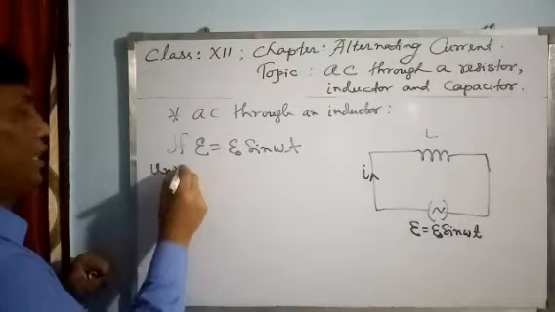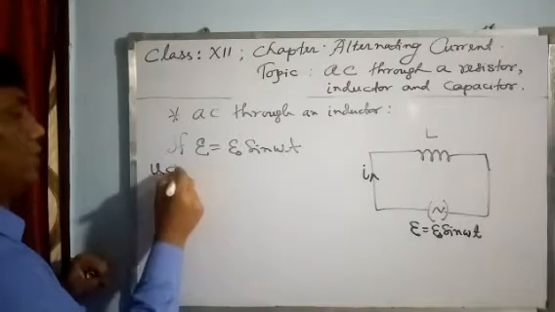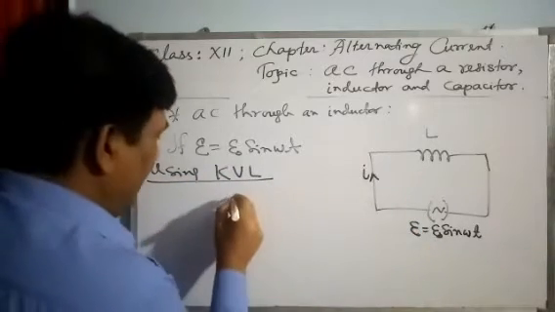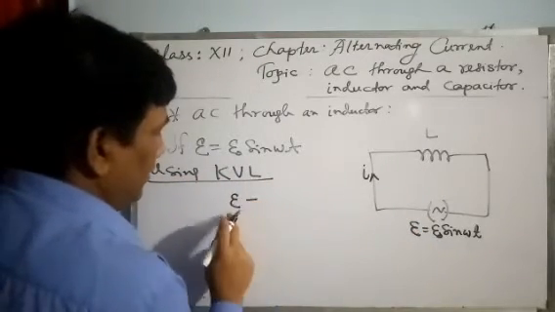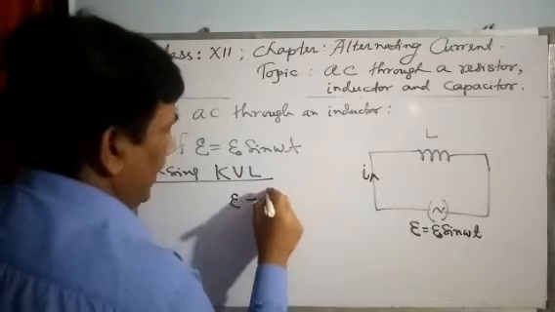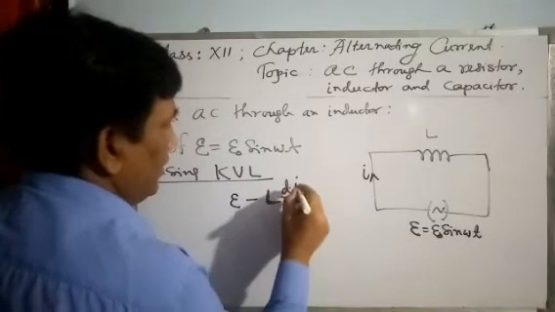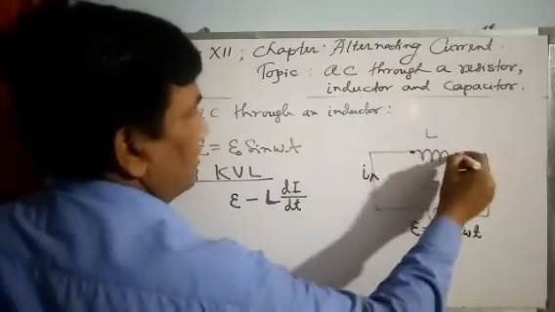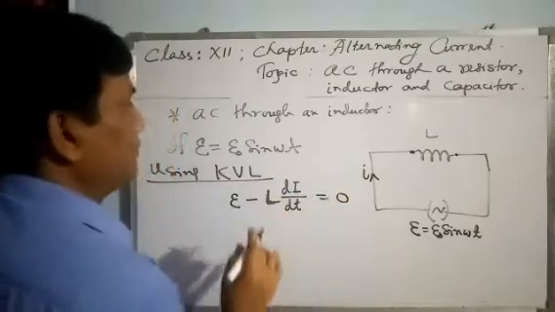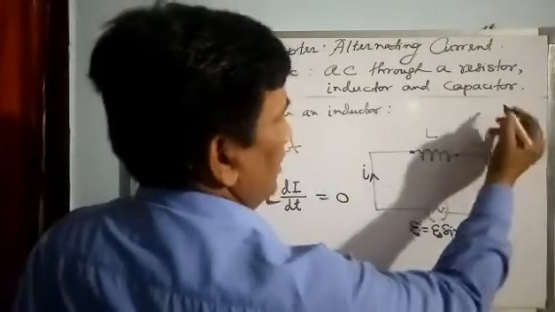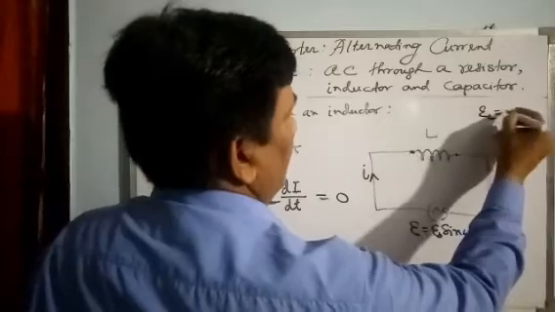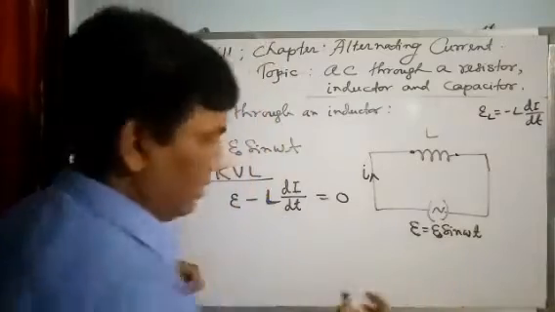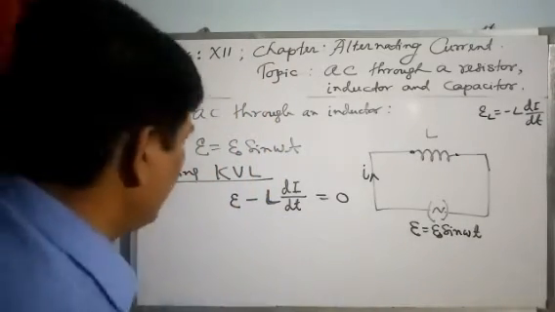Using Kirchhoff's voltage law, what do I find? The voltage here, L di by dt, is the voltage across the inductor, and the loop sum equals 0. You understand? The voltage across an inductor is always EL equals minus L di dt. That is already discussed in the electromagnetic induction chapter.